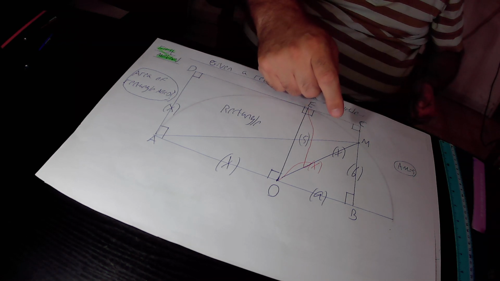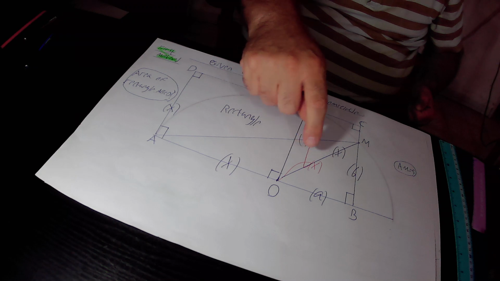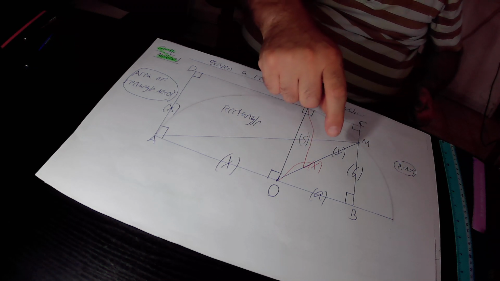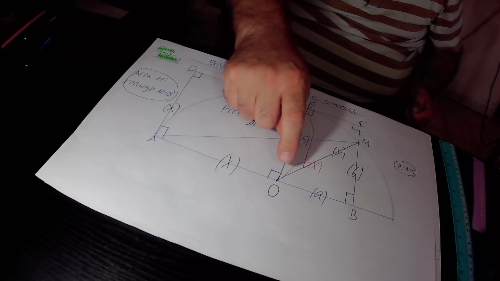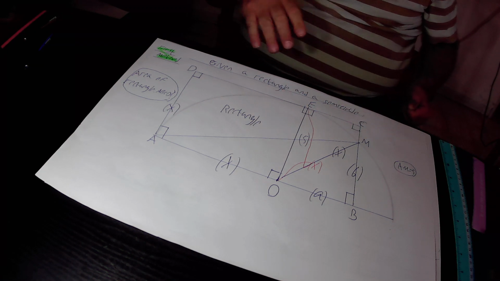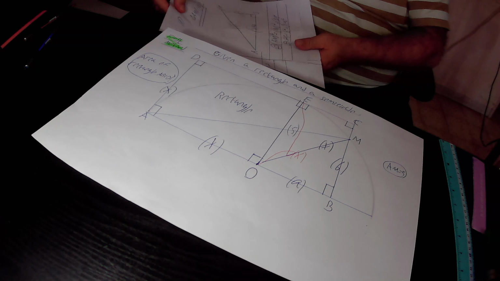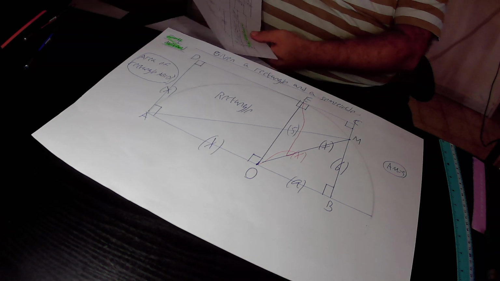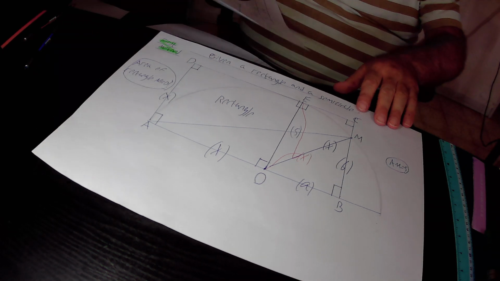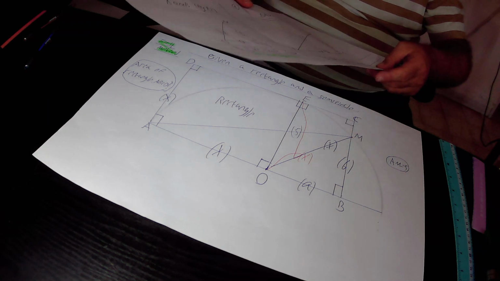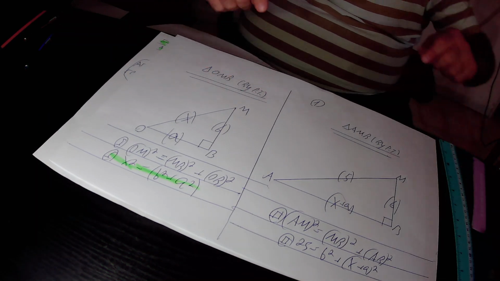In the next step, I copy the small right triangle OMB onto a new page, and we implement the Pythagoras theorem on it. So this is the right triangle OMB that comes from the original drawing.